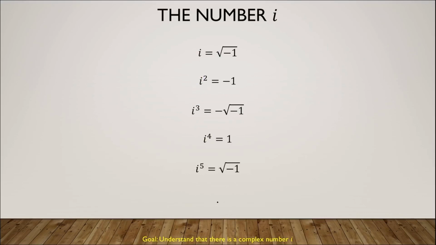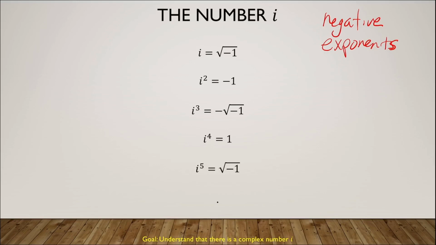Alright, the number i. The whole thing about imaginary numbers. The reason we have imaginary numbers is because we have square roots of negative numbers. It's what we did to be able to deal with and simplify these.